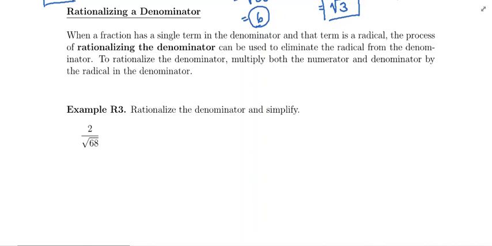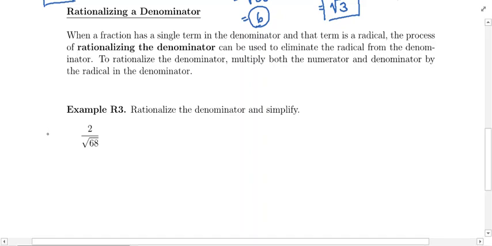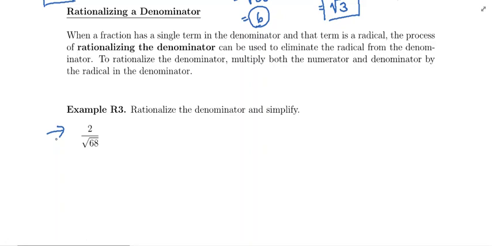The last review topic I want to talk about before going into section 4.1 is rationalizing a denominator. Basically, if you look at this example we're about to do, where you have 2 divided by the square root of 68, when you're in math, it is usually customary to not only simplify your square roots as we've been doing, but also, if you have a square root in a denominator, we want to get rid of it.